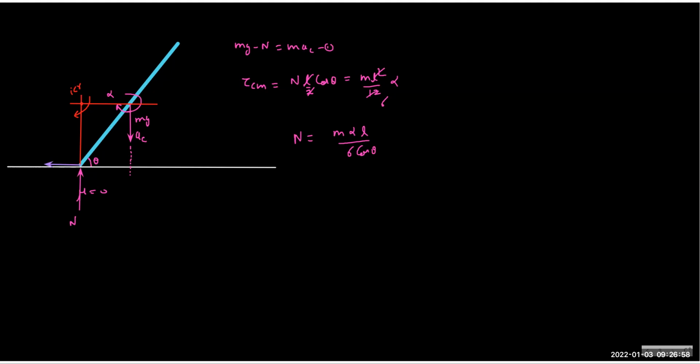If you draw the perpendicular to the velocity direction, you can see the ICR very easily. And because this is the ICR, you can write alpha into the separation from the ICR to the center of mass equals a_c. a_c is alpha into L by 2 cos theta. Can you see that? So we got the a_c as well.